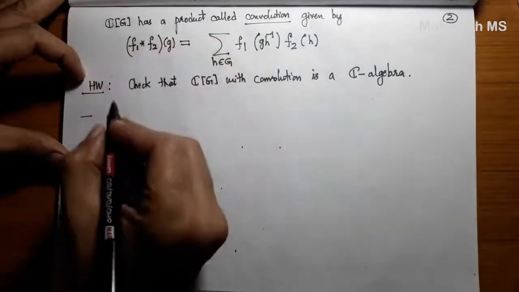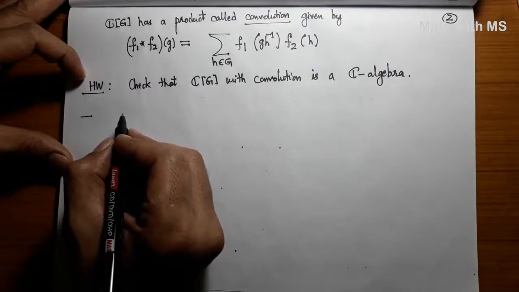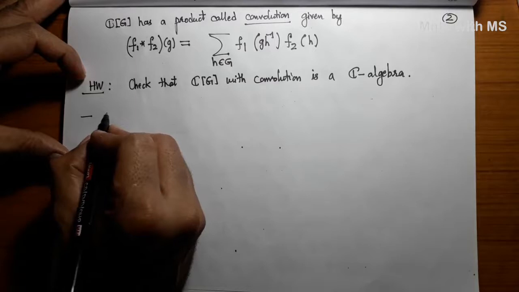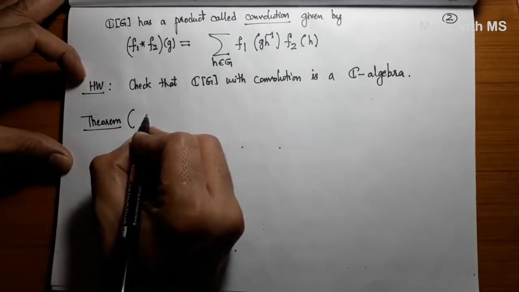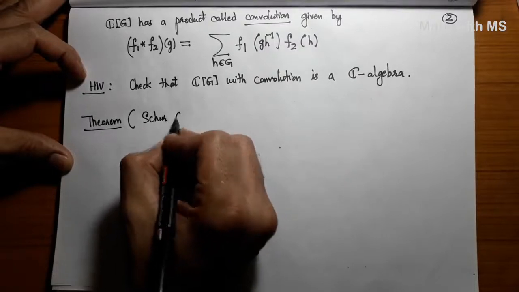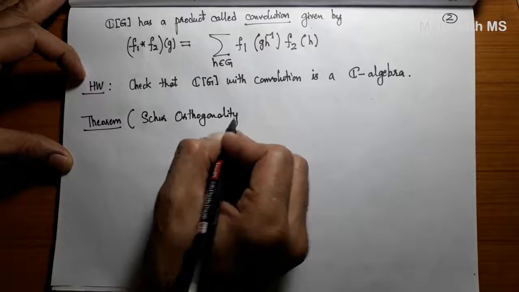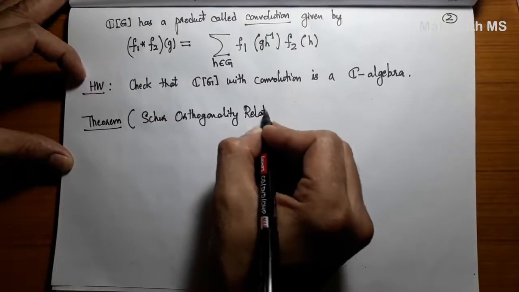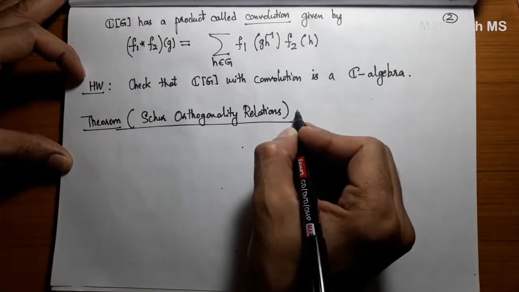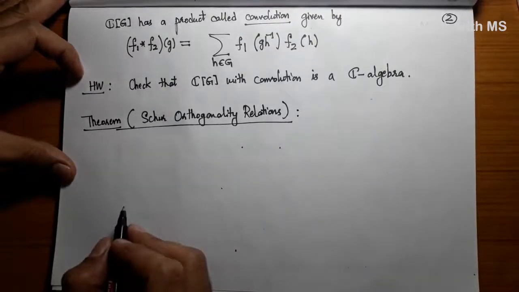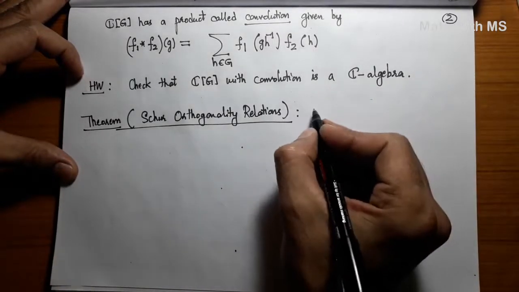With this inner product on the group algebra CG, we have this theorem, the Schur orthogonality relations theorem. This lecture will be all about proving these relations, a very interesting theorem. So what does it say?